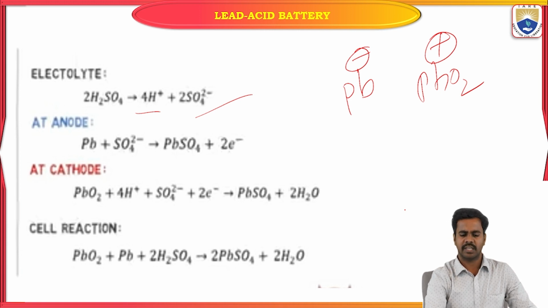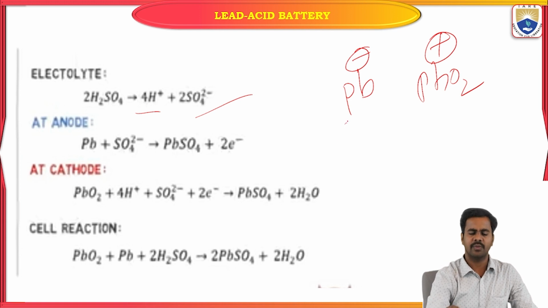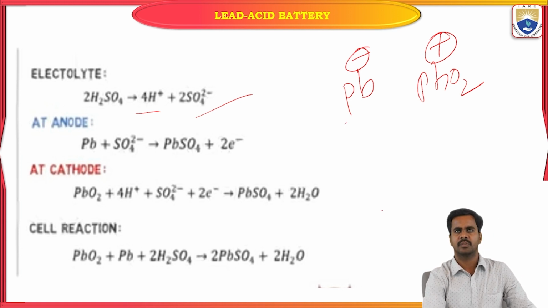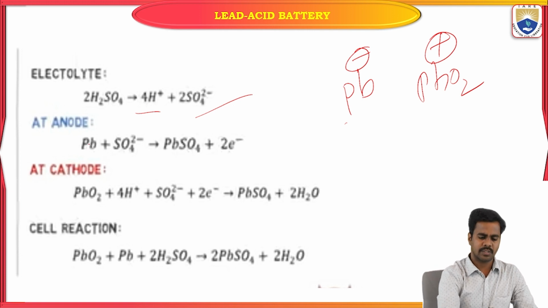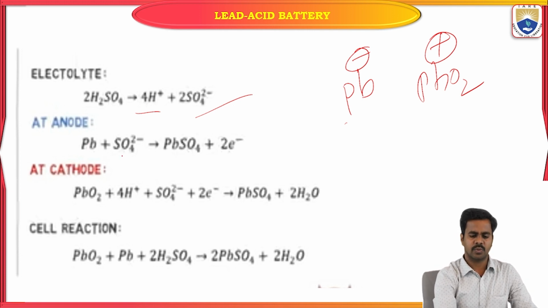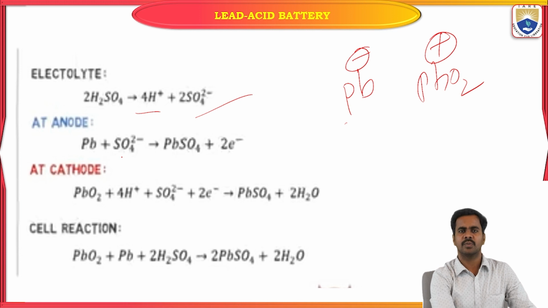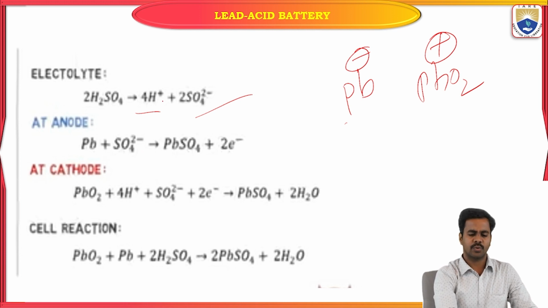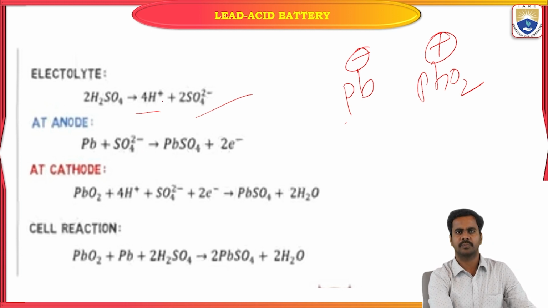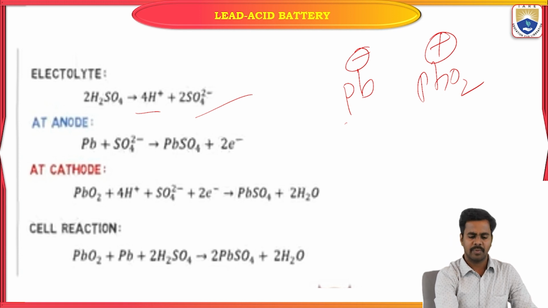We know that oxidation takes place at the anode. So lead is converted into Pb2+ ions. These Pb2+ ions react with the SO4 2- coming from H2SO4 during dissociation, forming PbSO4 at the anode.